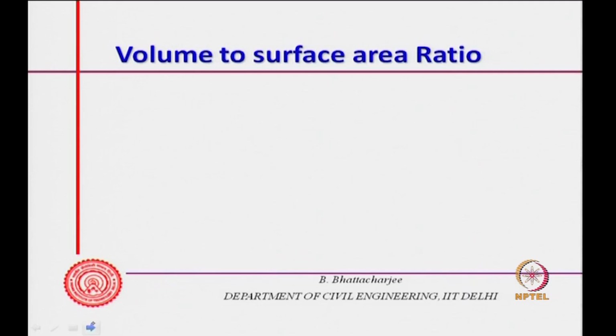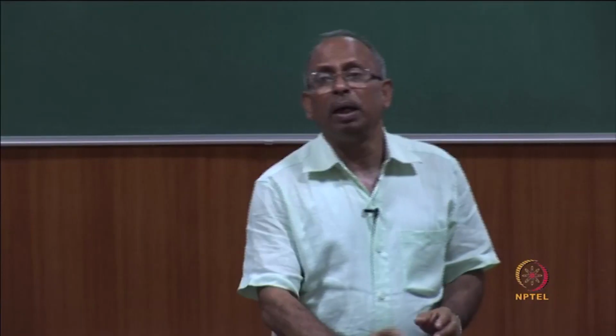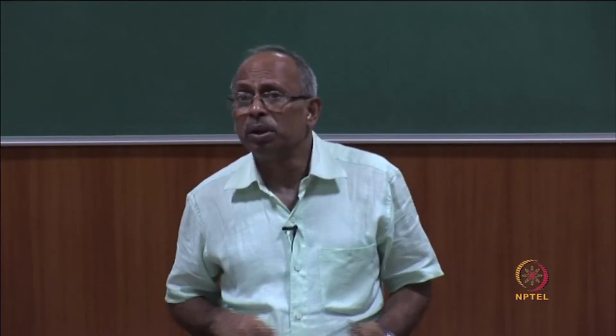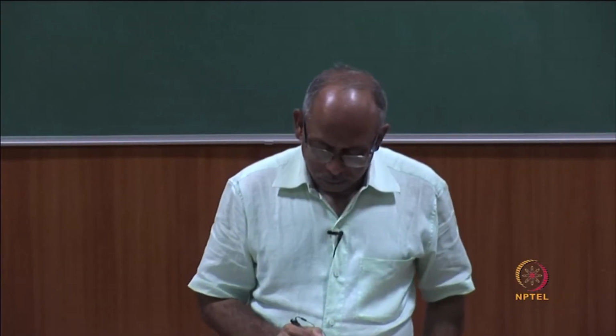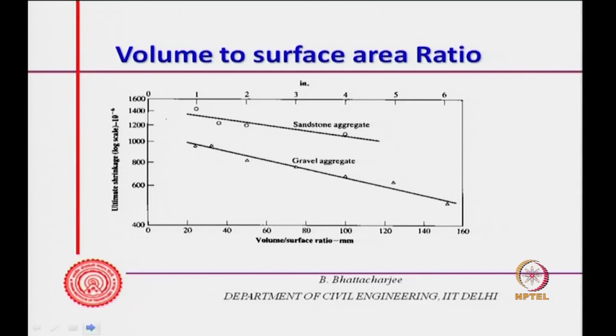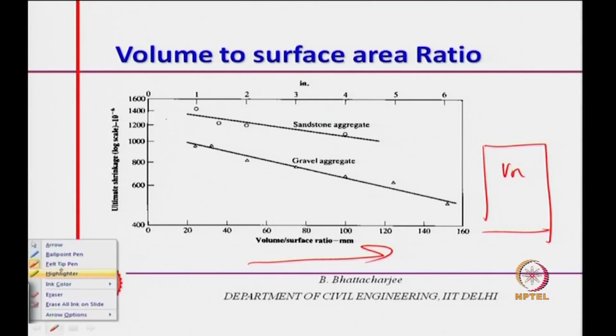Now, volume to surface area ratio, it is almost similar to the situation of creep. So, if you have higher volume to surface area ratio, the volume is here, and surface area is the peripheral surface area.